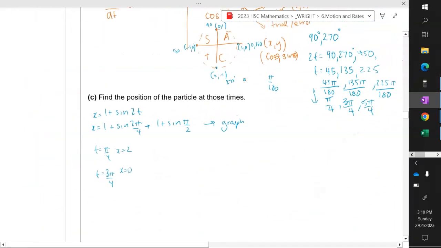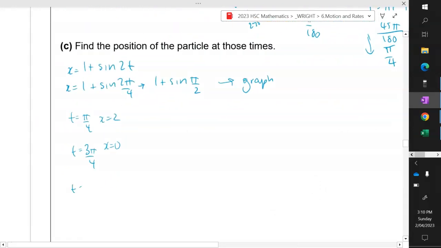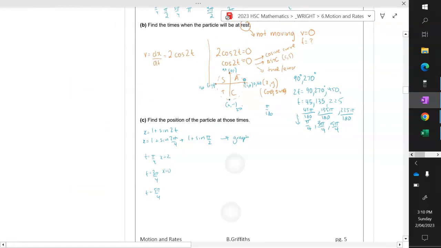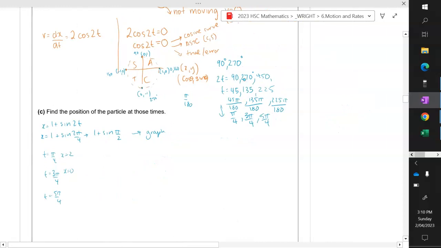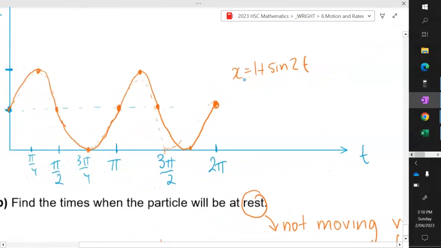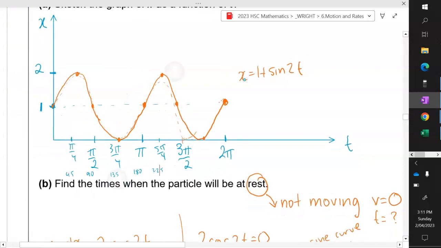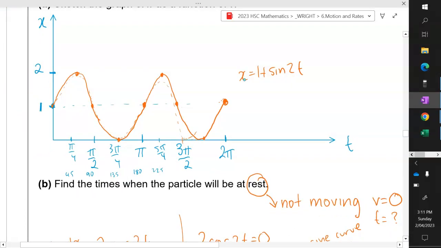Our next value that we're looking at is 5 pi on 4. So when time is 5 pi on 4, if you're not happy working in pi's, that was 225 degrees. That sits in here, and that'll get us a value of 2 again, which you can see up here.